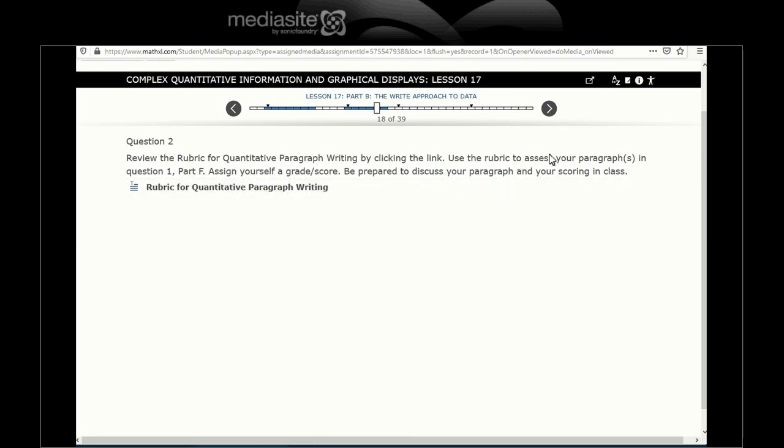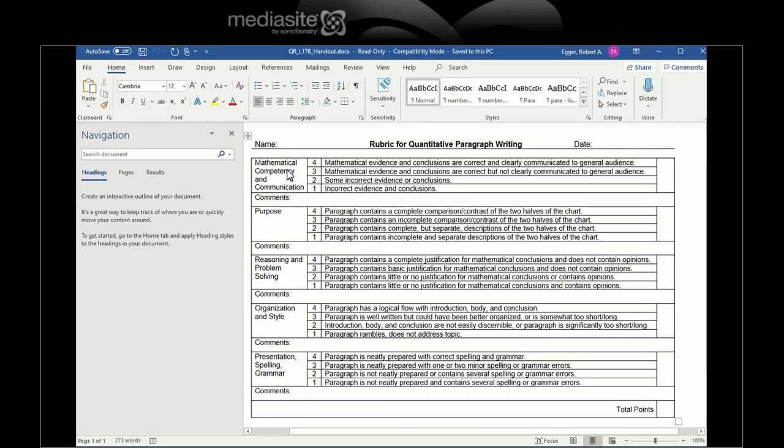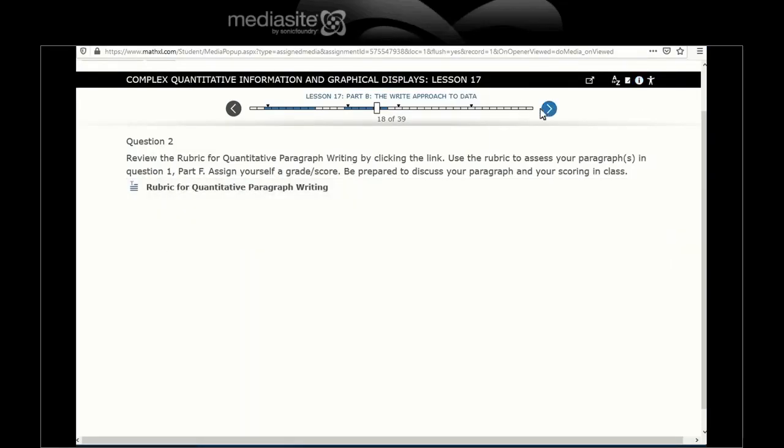Maybe in the future this may be worth doing as a discussion board. I don't know yet. But being online, I'm not going to be able to do too much with this. If you were to grade yourself, this is a pretty good one, basically on your mathematical competence and communication, reasoning and problem solving, organizing style, and how you present in spelling and grammar. Something I suffer with.